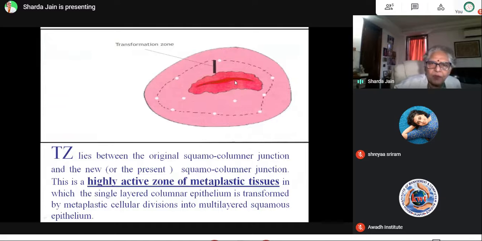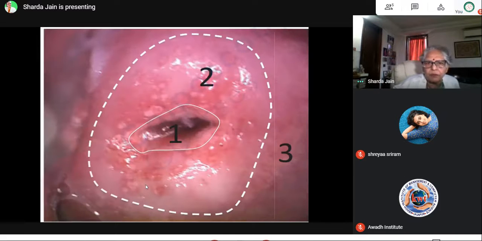This is columnar epithelium, this is mature squamous epithelium, and this is the transformation zone, which has immature squamous epithelium. It is highly active, and when it gets infected with HPV, slowly and gradually it will cause precancerous lesions.